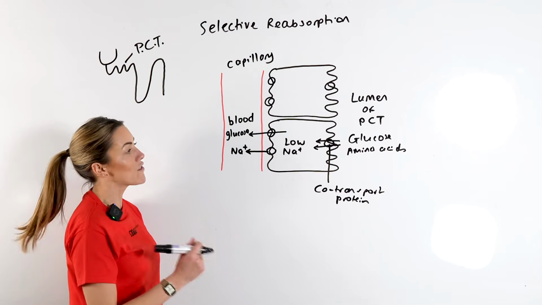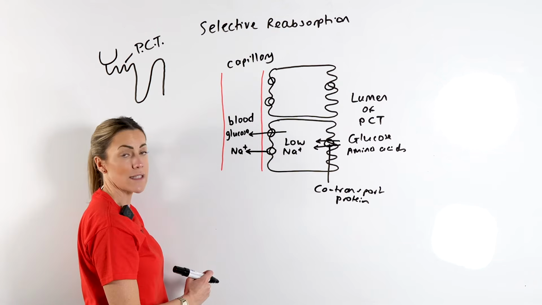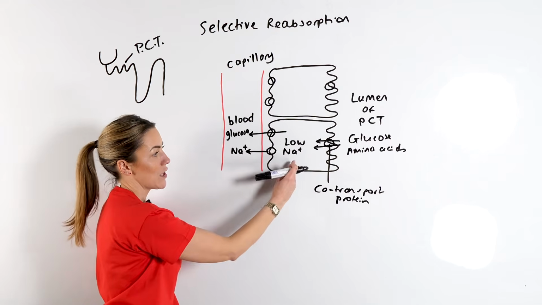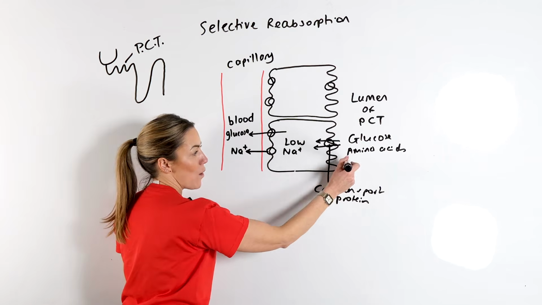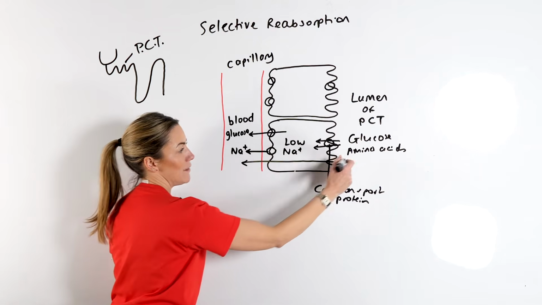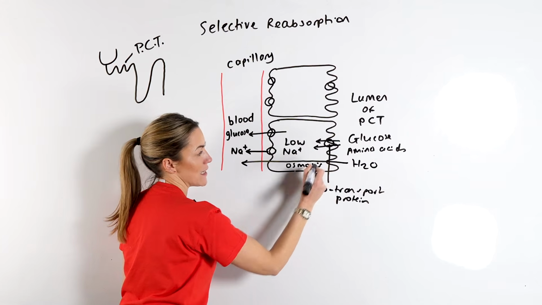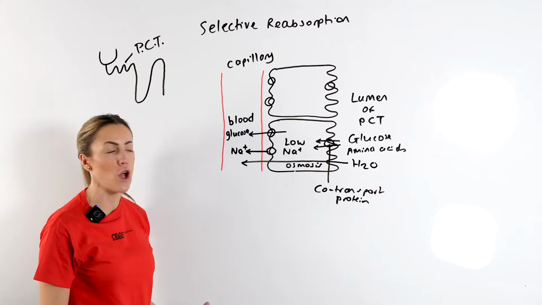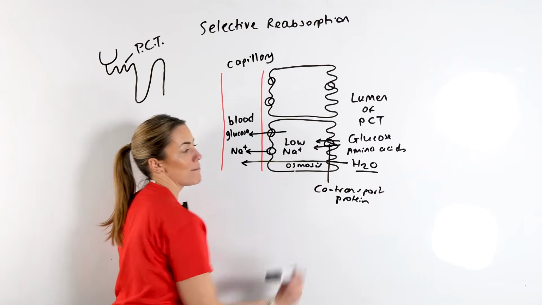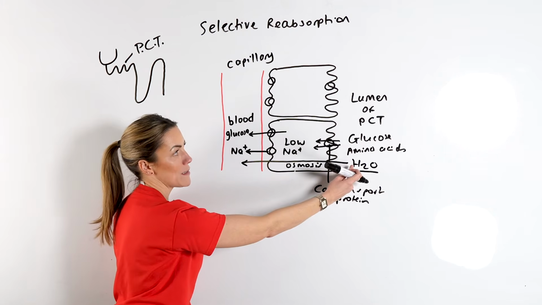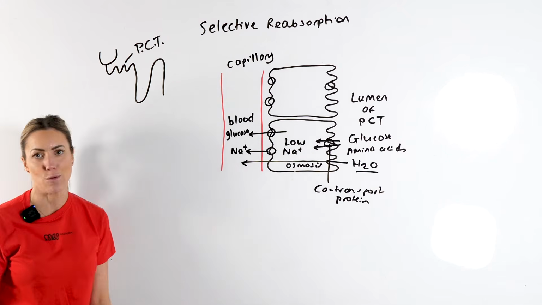And because we've got a lower water potential in the blood compared to the epithelial cell, and a lower water potential in the epithelial cell compared to the lumen of the PCT, we're also going to see water being reabsorbed by osmosis. So water's going to follow those sodium ions, the glucose, the amino acids, and the water's going to move by osmosis from a higher water potential in the lumen of the PCT into the epithelial cell and into the blood.